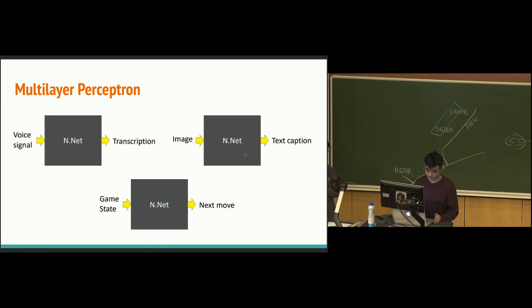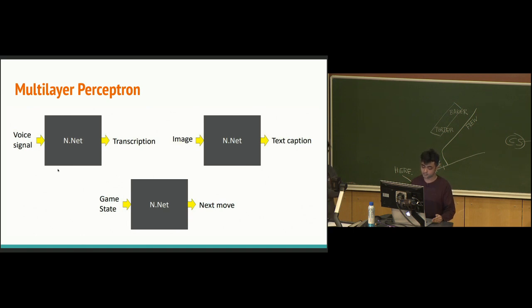So an MLP is now basically just a function which takes an input and computes an output. And so these are some different examples of what our function can be. The first one takes in as input a voice signal, and then outputs the transcription. So this is used in maybe Siri or Google Translate.